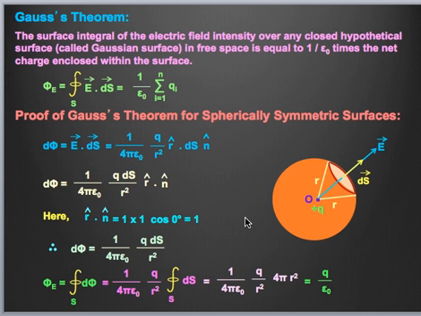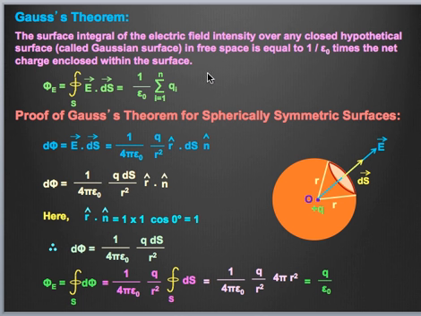Next is Gauss's theorem. What is Gauss's theorem? According to this, the surface integral of the electric field intensity over any closed hypothetical surface, hypothetical means imaginary, which can be called a Gaussian surface, in free space is equal to 1 upon epsilon times the charge enclosed within the surface.